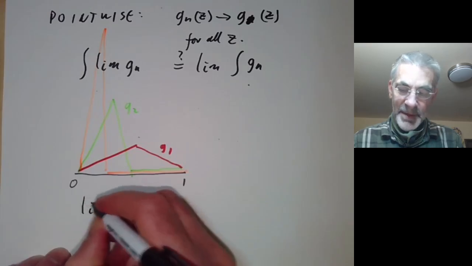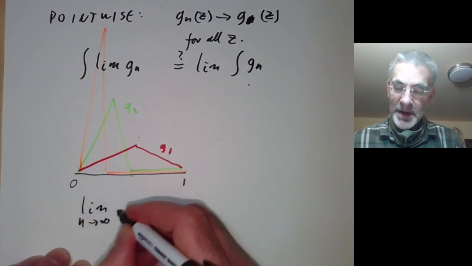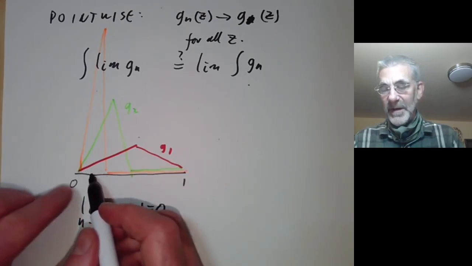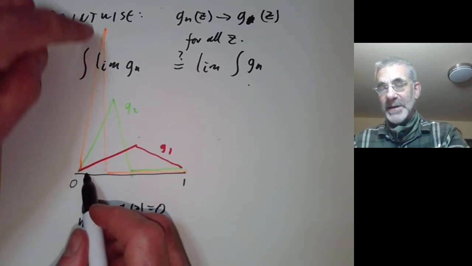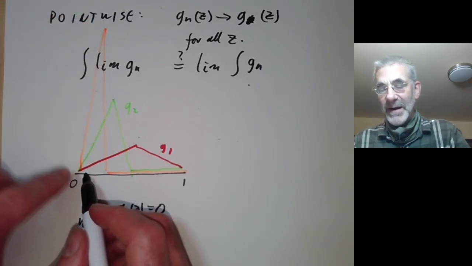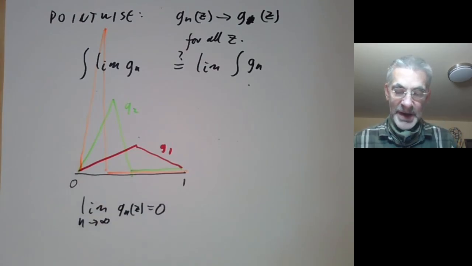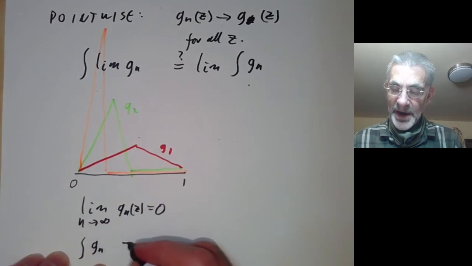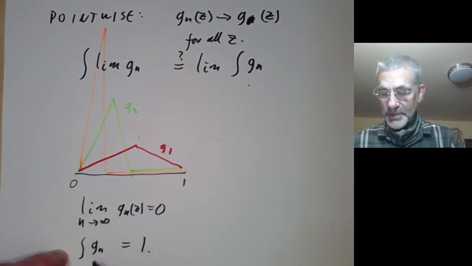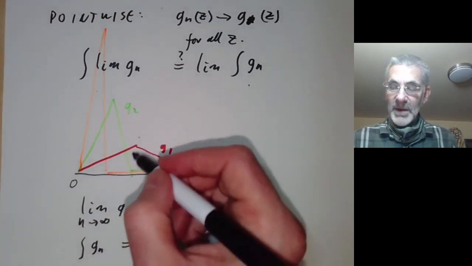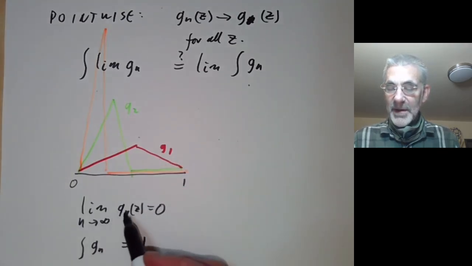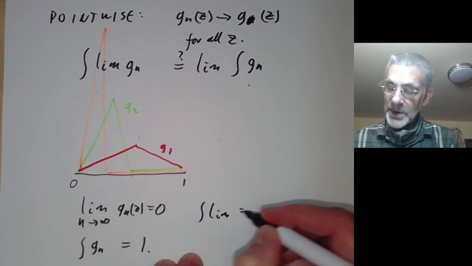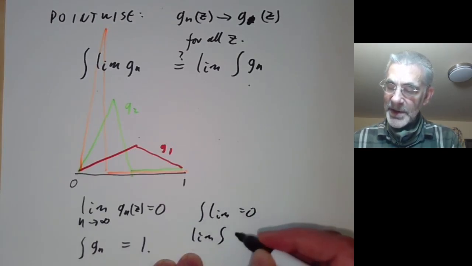However, you can see the limit as n tends to infinity of gn(z) is equal to 0 for any given z. If you pick a z here, gn(z) starts by getting very big, but then it goes back down to 0 as n gets bigger and bigger. However, we can arrange the size of this spike such that the integral of gn is equal to 1 for all n. So the integral of the limit is equal to 0, but the limit of the integral is equal to 1.